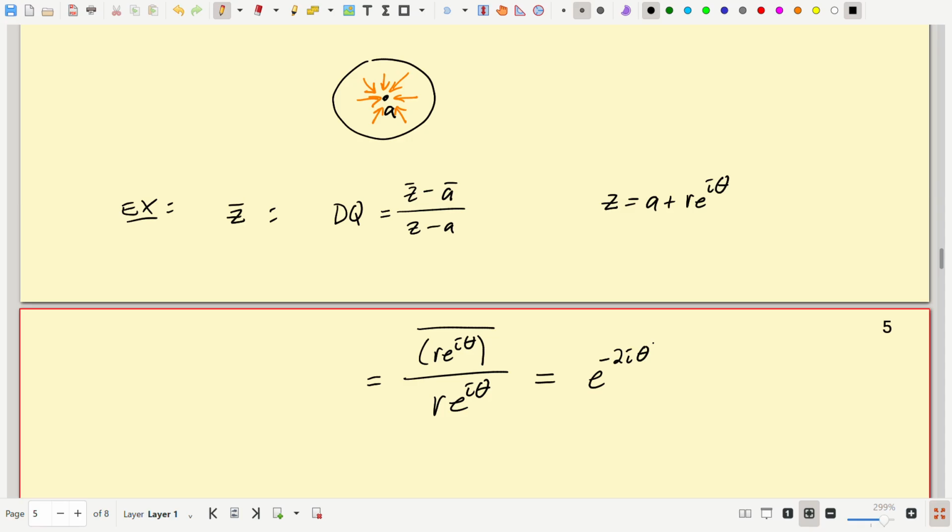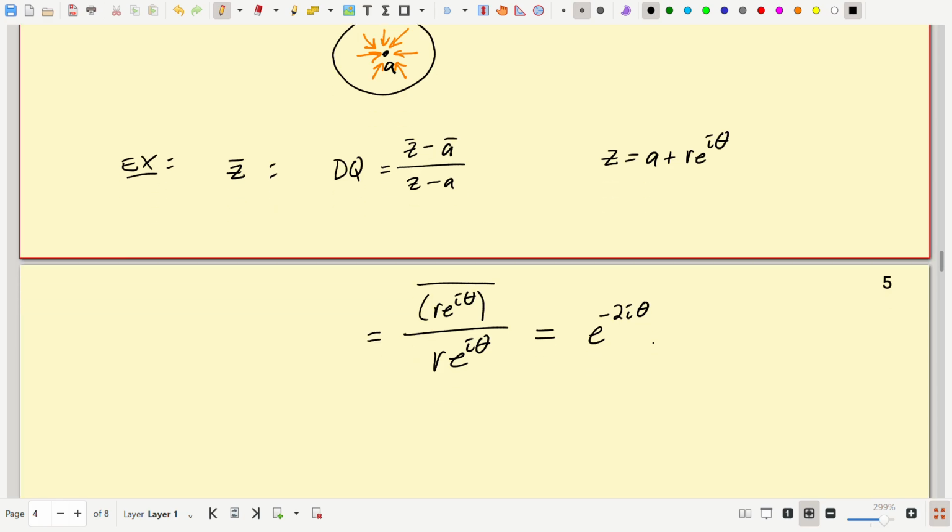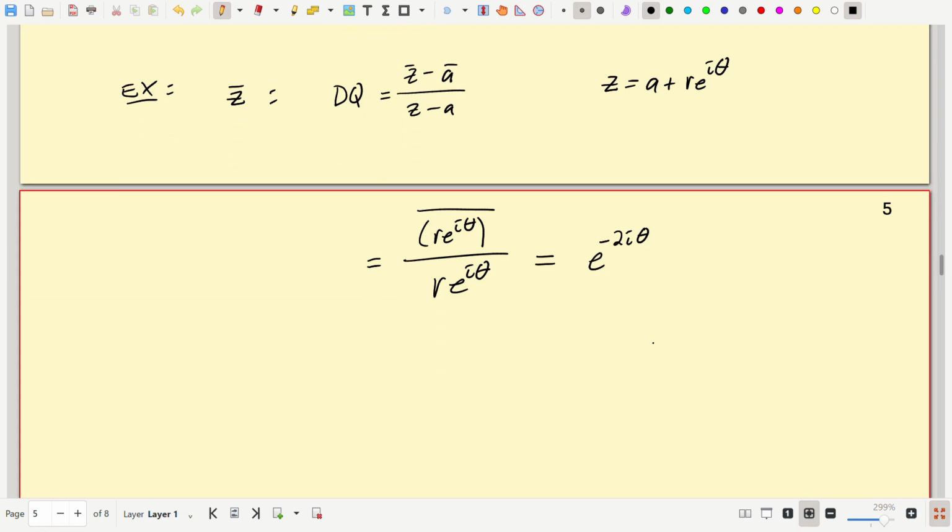The annoying thing is that that's different along all radial directions. So z tends to a when r tends to 0, and I get different limits coming in different radial directions.